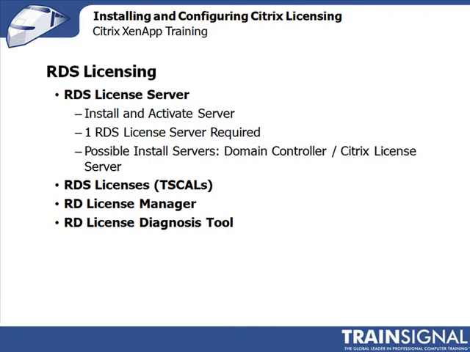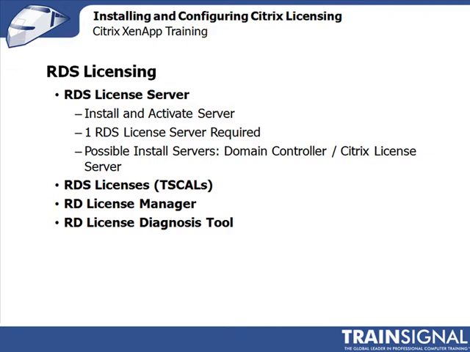Some other folks will install the RDS license server on the same server as the Citrix license server. You can most certainly install it on a XenApp server. Typically, I like it on a domain controller because it has the ability to gather information a little better when it's on a domain controller, and because it's domain-wide, the other XenApp servers or the other clients are able to find it easier when it's on a domain controller, but that's a preference, it's not a requirement.